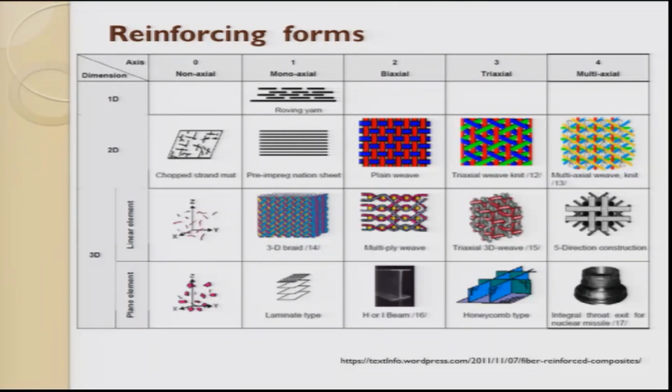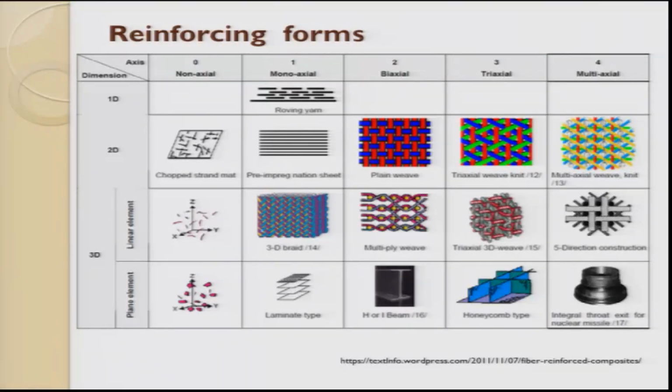Delamination means there is not 100% proper bonding between the two layers. The moment there is a small defect and you put it in a service condition, the crack keeps growing very fast. In order to avoid this, now people have started using triaxial weaving or 3D composites. In 3D composites, the fiber reinforcement is done by weaving in all three directions.